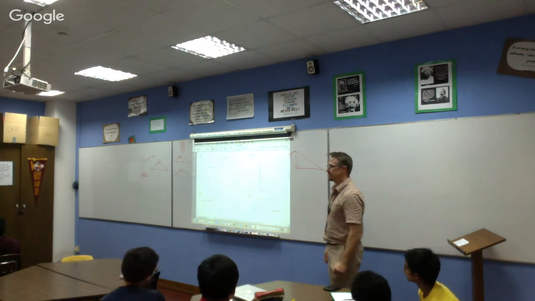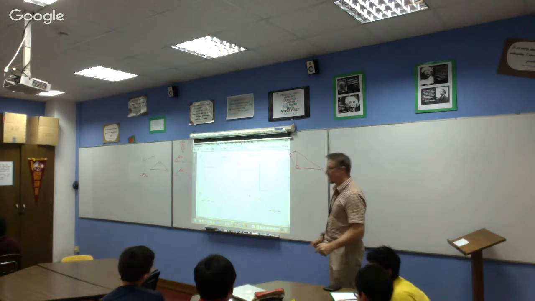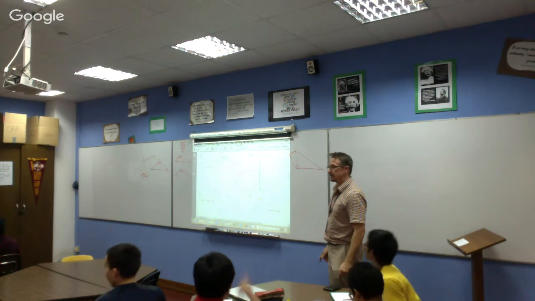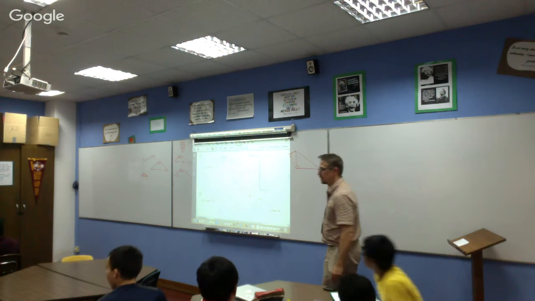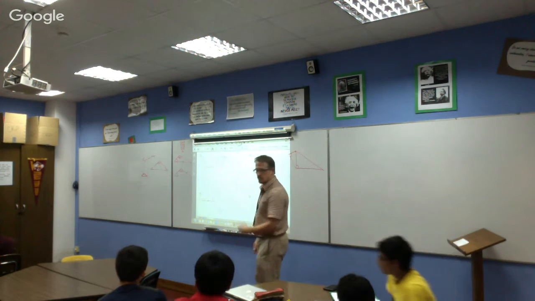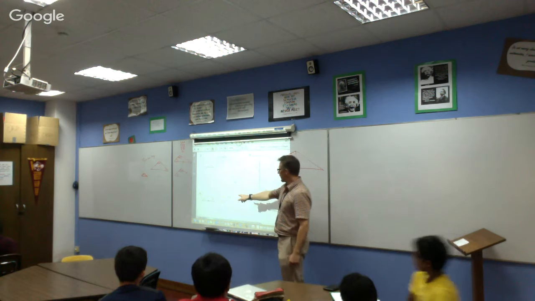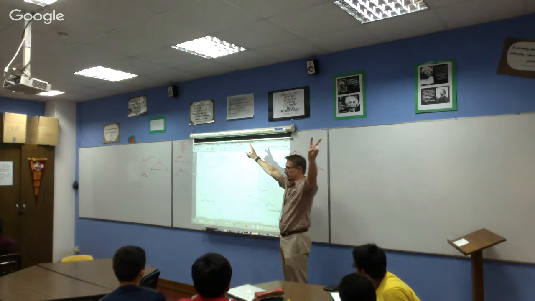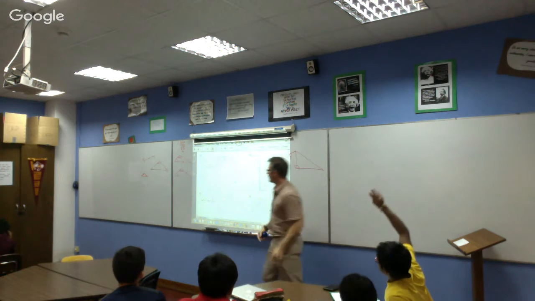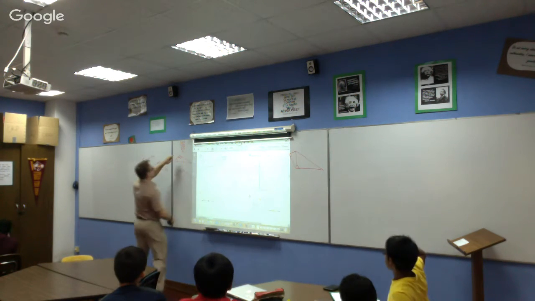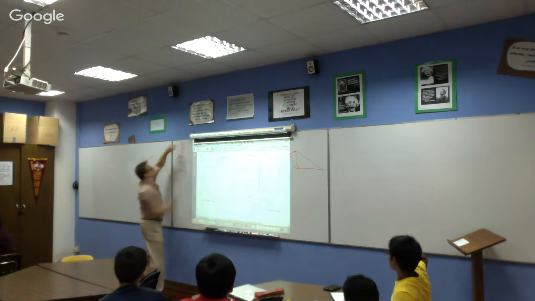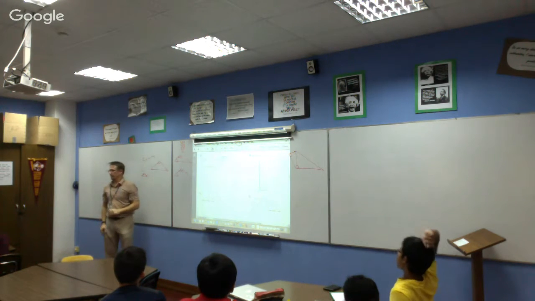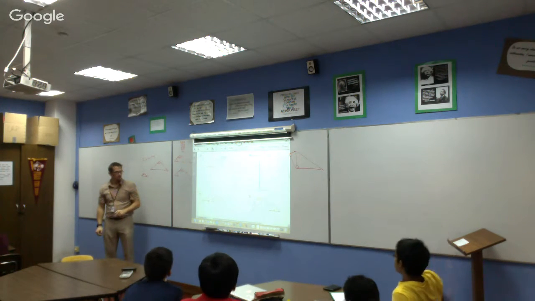Side, angle, side? Nothing. Why is this not? We got two sets of congruent sides and one pair of angles. One of them are included. No, they're not corresponding.